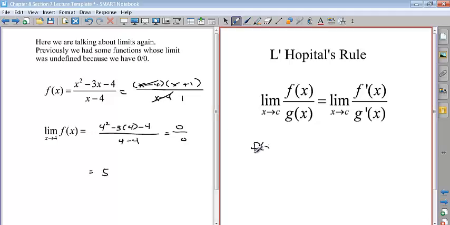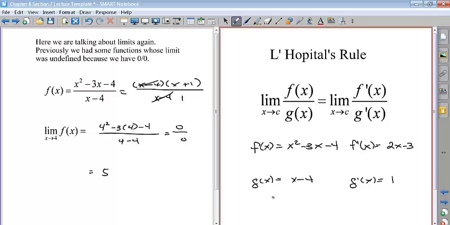So in this case, f of x would be the term in the numerator, and g of x would be the denominator. And then if we take the derivative, just use the power rule, so we get 2x minus 3, and here we get just 1.